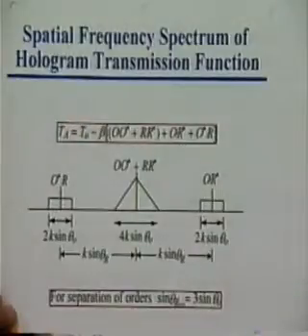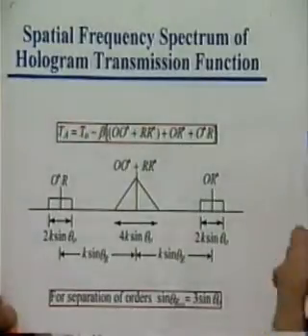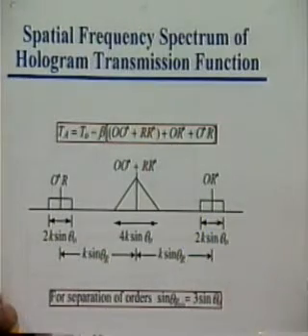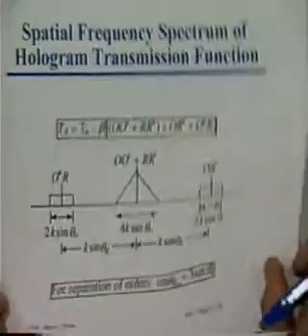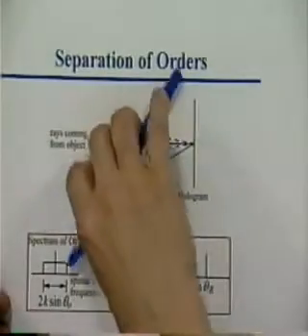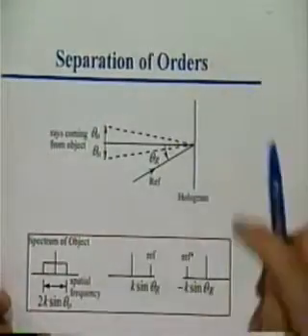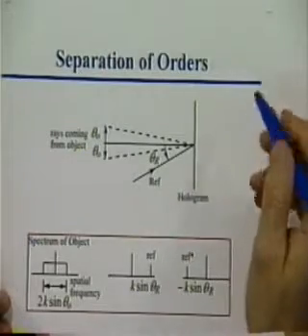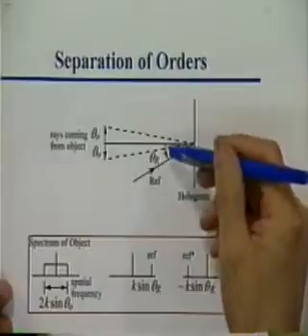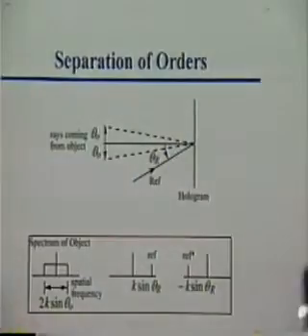I don't think it was because he didn't know how to do it, but probably because his light source didn't have a lot of coherence. As we make this angle larger, we're getting more fringes across here, and we need a longer coherence length for the source. And so really the laser is what made it much easier to separate orders. Shall we go on?